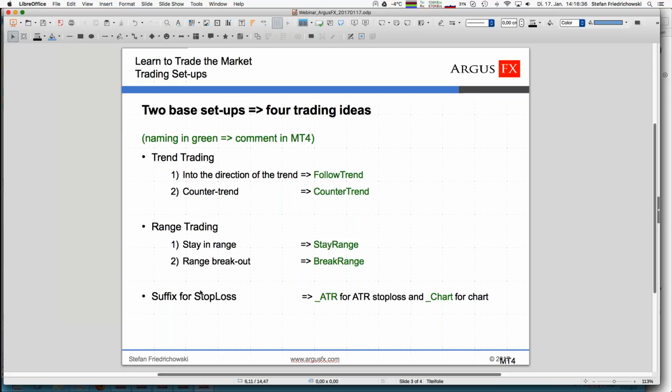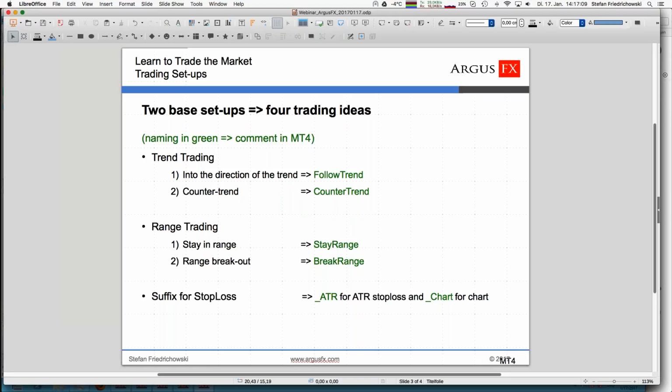And then we will use a suffix for how we set the stop loss. We have two possibilities to set the stop loss. One, of course, is simply the chart. So we see maybe some resistance, some highs, some lows, and we might use those values for stop loss setting. Then we will use the suffix _chart because we take that stop loss value out of the chart itself.